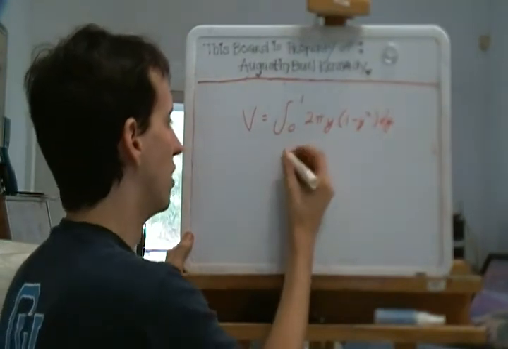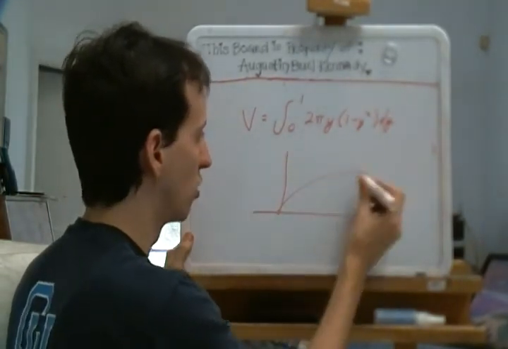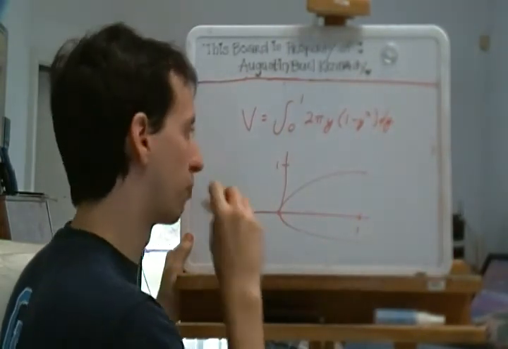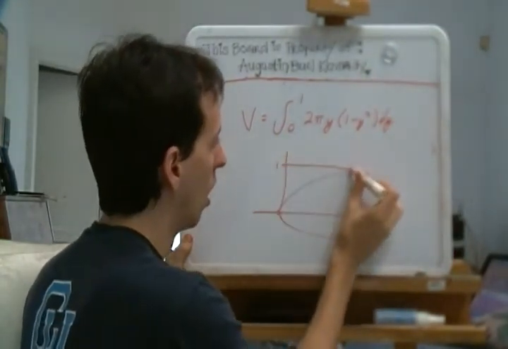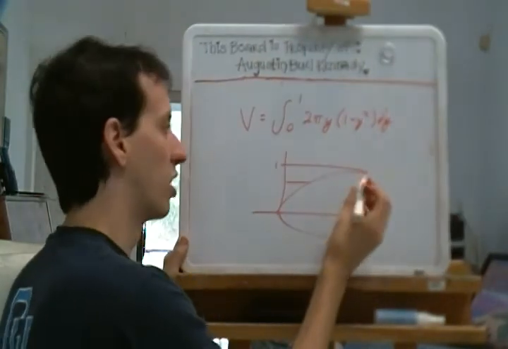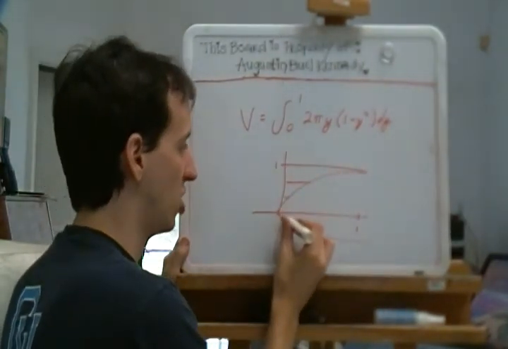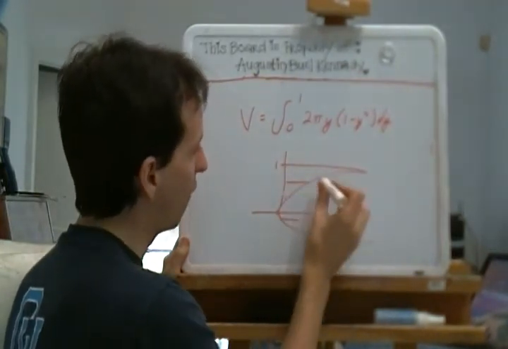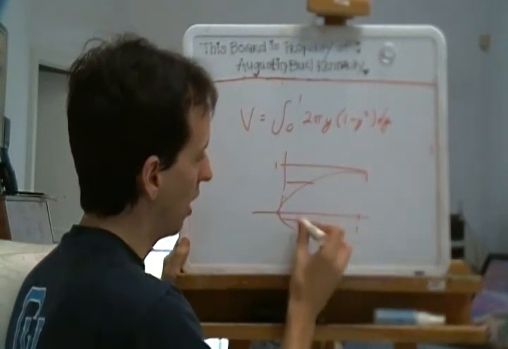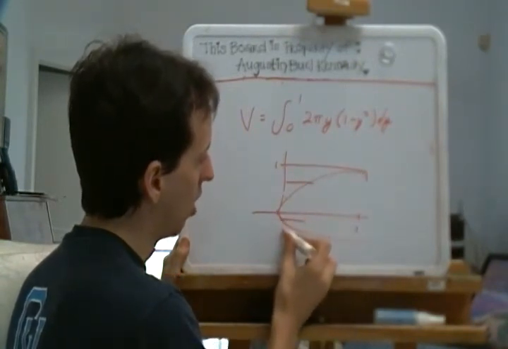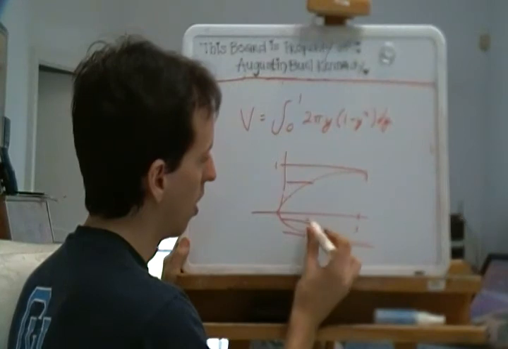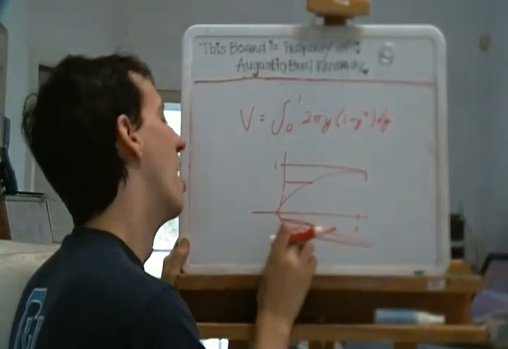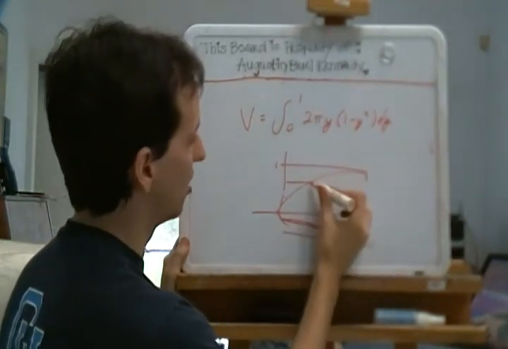To illustrate this a little bit better, we have the shell, we have the function right here. 1, 1. Let's look at this shell, this big fat shell right here. Do you see how fat this shell is? All right, this is a fat shell.